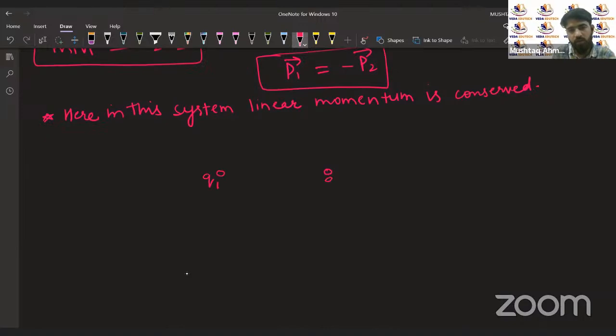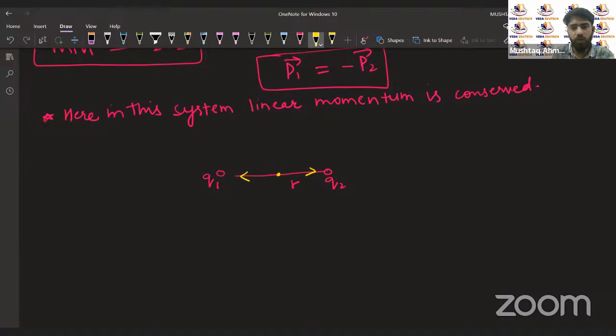We know these two charges q1 and q2 are separated by a distance of r, and we also know that the force acting between these two charges, because of the electrostatic force of interaction, is directed along the line joining the two charges.